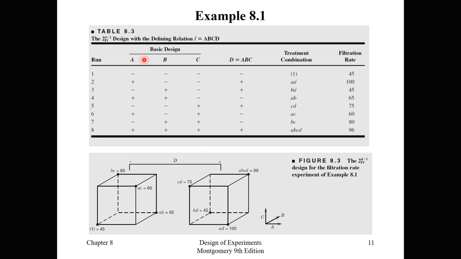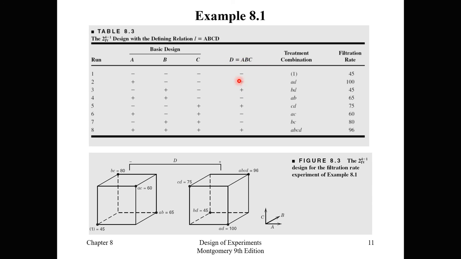And then we need our 4th variable because we want it to be 4 minus 1, D. So we would look at this defining relation and ask, how do we get D? D times ABCD, well, the D's would cancel, and I'd be left with D equals ABC. So the alias for D is the three-way interaction ABC.